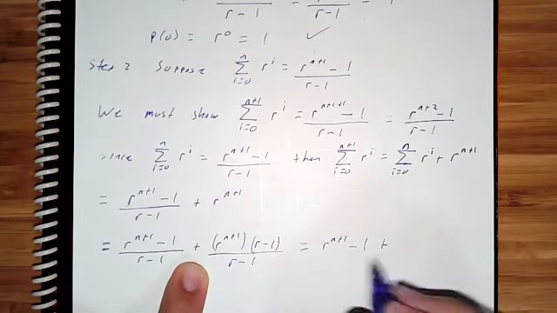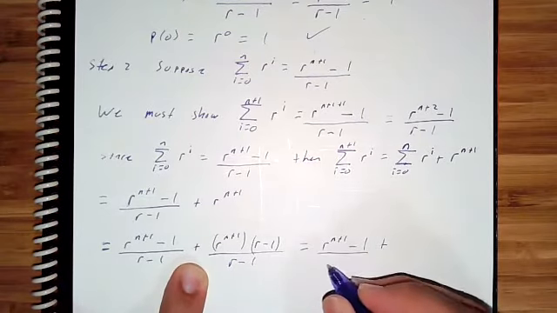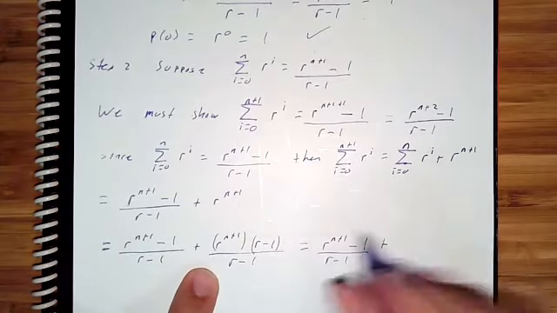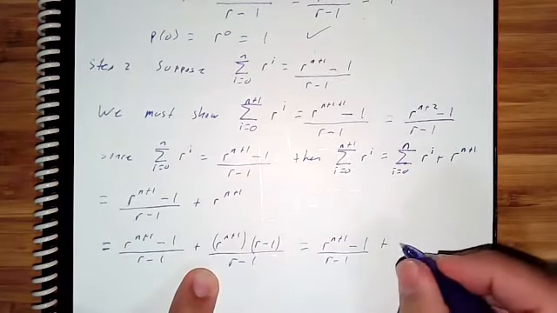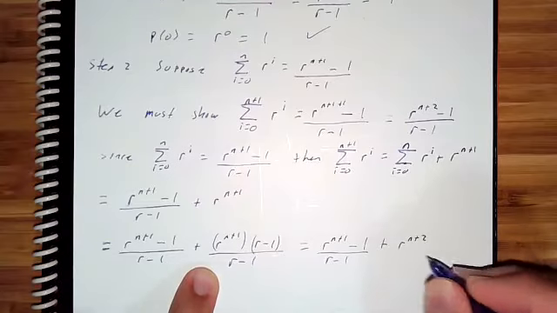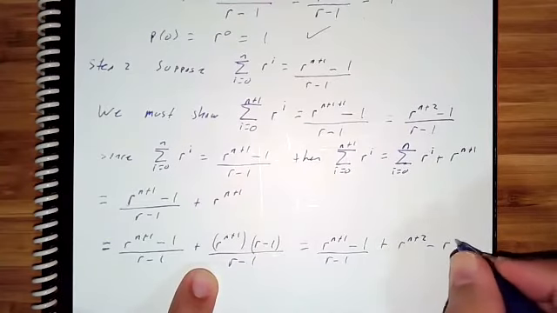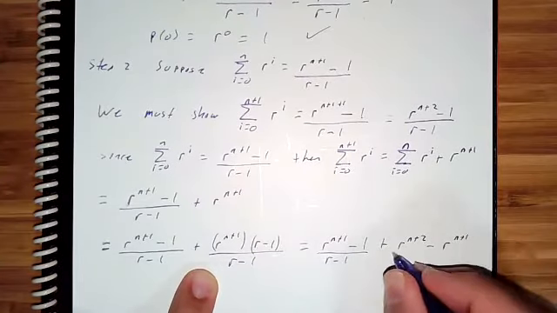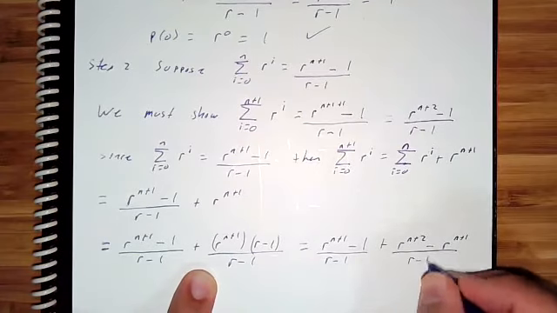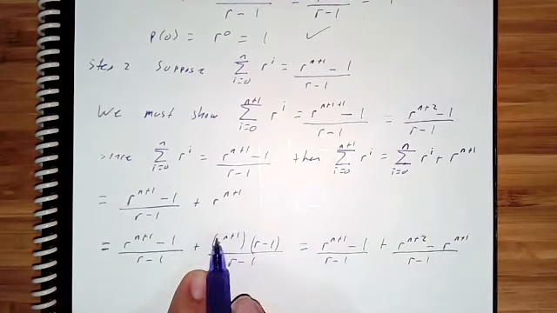Let me go ahead and show the steps. So I'm going to keep them separate for now. If I skip too many, then you'll miss it. So multiply those two, you get R to the n plus 2 minus R to the n plus 1. So all I did was distribute this into those two, right?